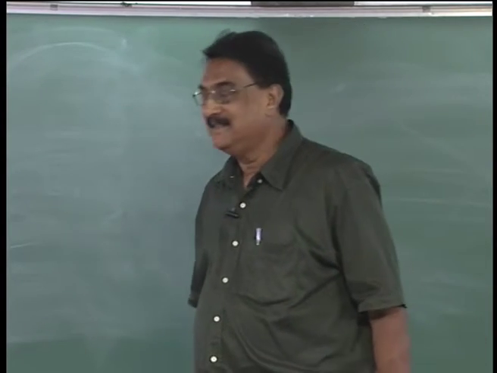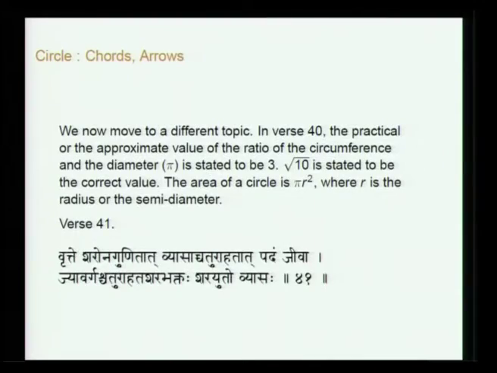And the area of the circle is stated to be pi r squared, where r is the radius, the semi diameter. It is not stated this way, obviously; it says half of the circumference into the semi diameter, as it was told in the last lecture, that is what is written.